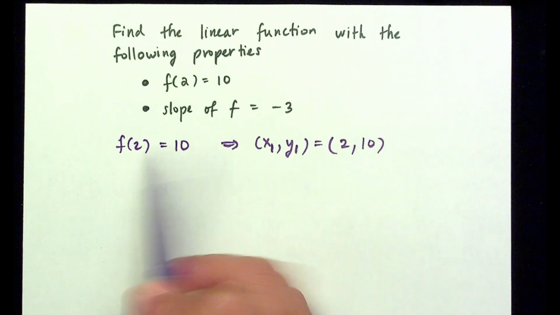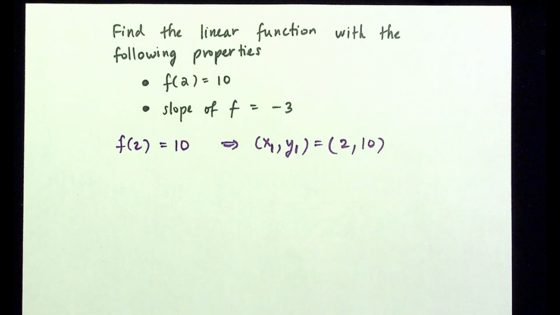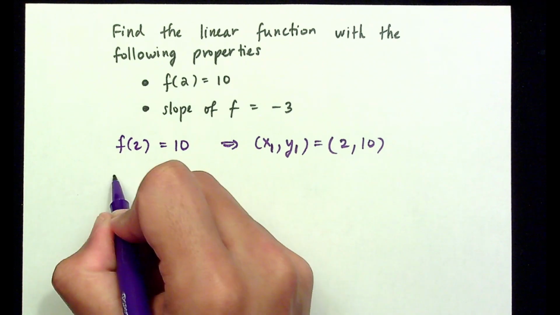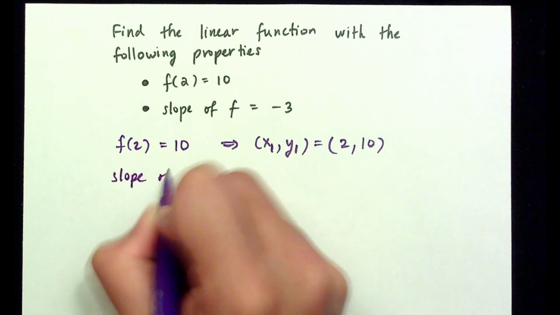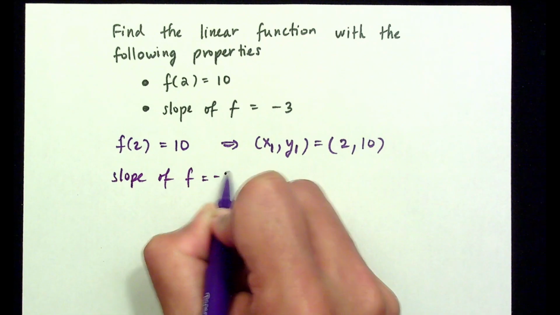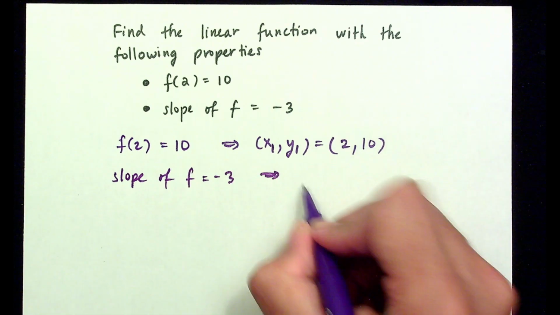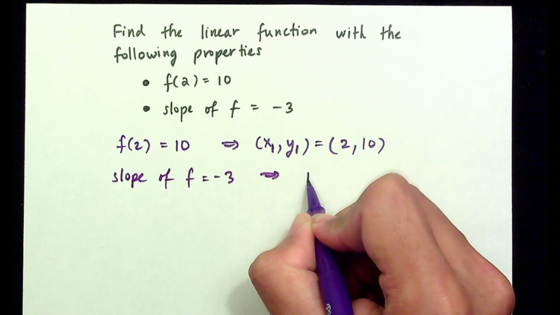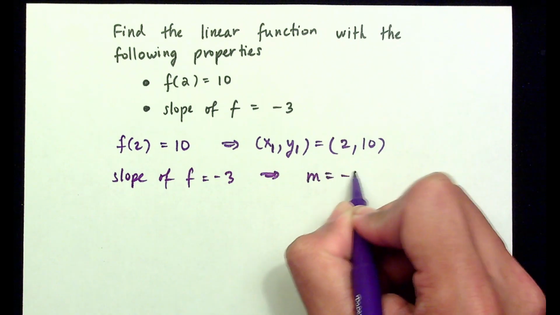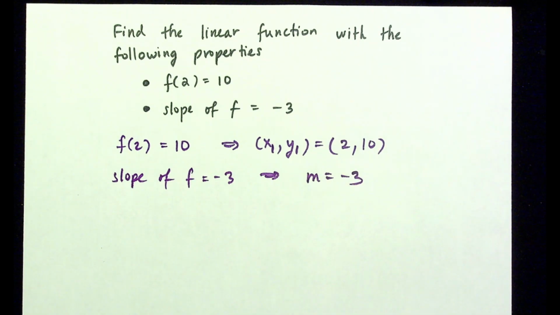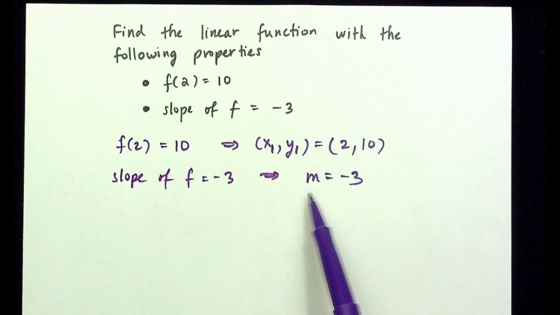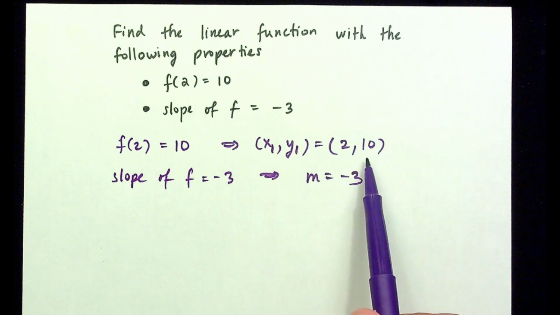These two things are equivalent. And the slope of f equals -3 is equivalent to saying that the line has slope equal to -3. So we have these two pieces of information, and now we just have to find the equation of the line that has this m and passes through this point.